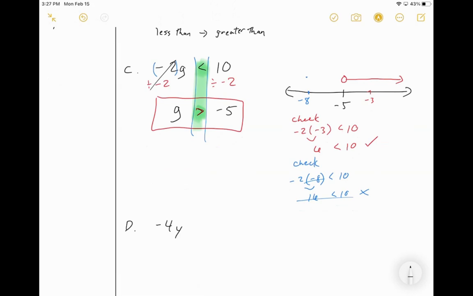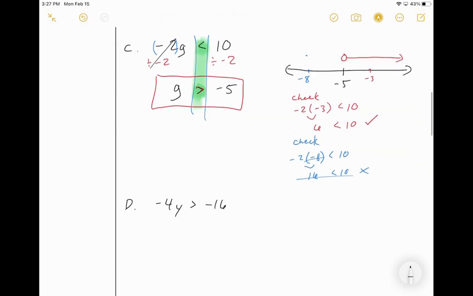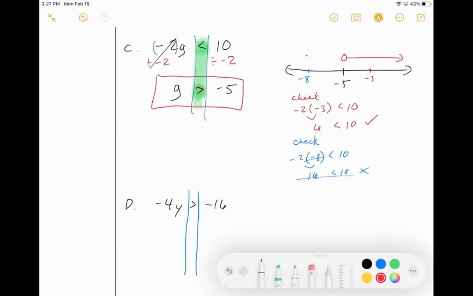Negative 4y is greater than negative 16. All right, let's go and solve. I see that's negative 4 times y, so I'm going to divide by negative 4 on both sides.